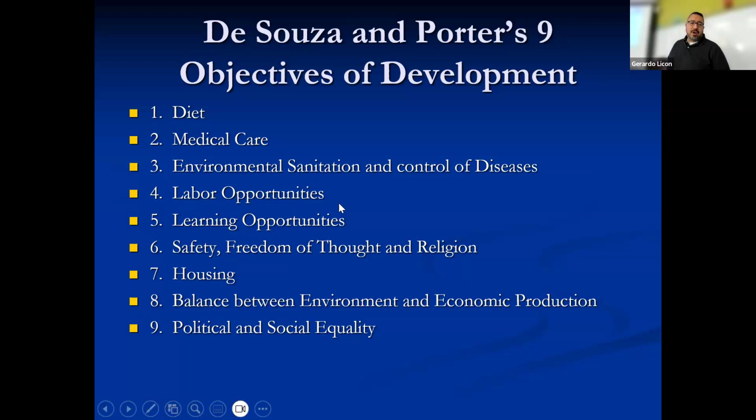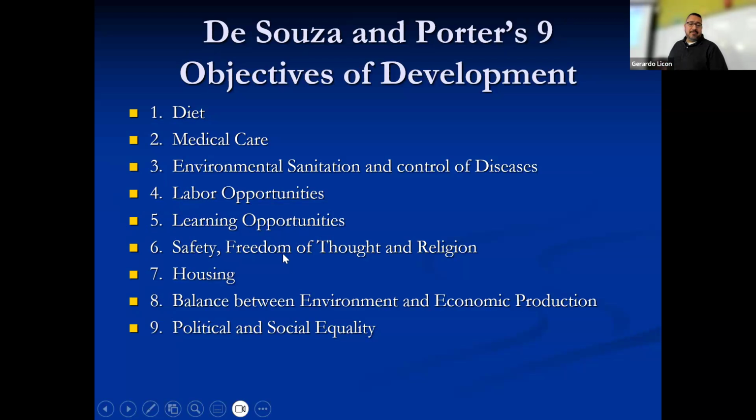Number 4, labor opportunities. So do people have opportunities to get jobs? Jobs that help them survive. Number 5, learning opportunities. Do they have enough schools? Are the schools good enough at the different levels to educate the public?